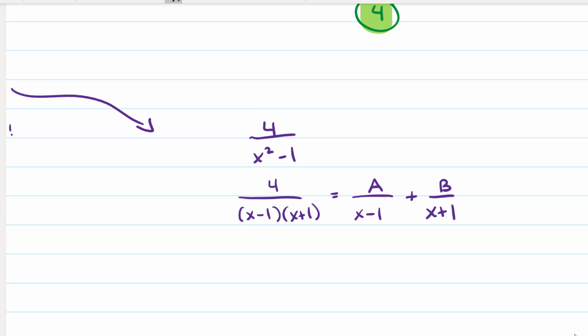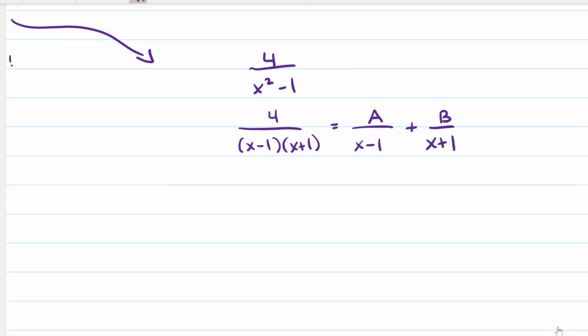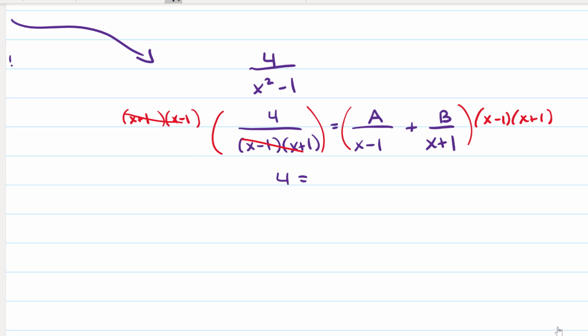Because you want to break it up into each piece. Now we're going to multiply everything by the LCD. On the left side, everything cancels, so I'm just left with 4 equals A times x plus 1 plus B times x minus 1. So I go ahead and distribute.